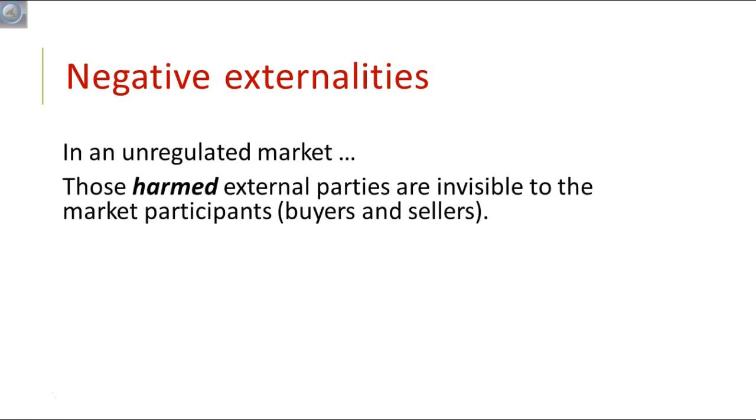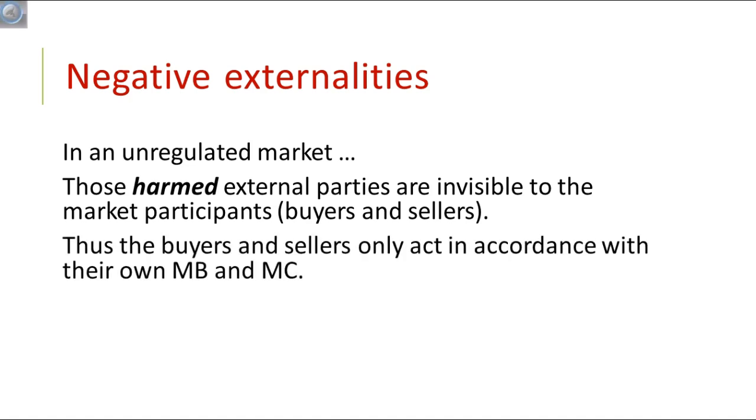In an unregulated market, those harmed external parties, those bystanders, are invisible to the market participants, that is, the buyers and the sellers of whatever product it is we're talking about that generates an externality. Thus, the buyers and the sellers only act in accordance with their own marginal benefits and marginal costs.